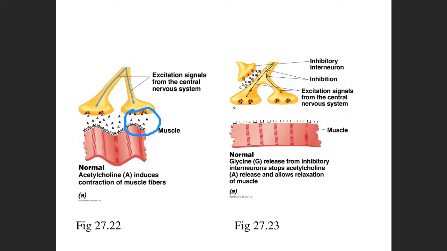And when you say relax, the inhibitory neuron releases glycine, and then the acetylcholine stops. Okay, so you relax, and that's how you go contract, release, relax.